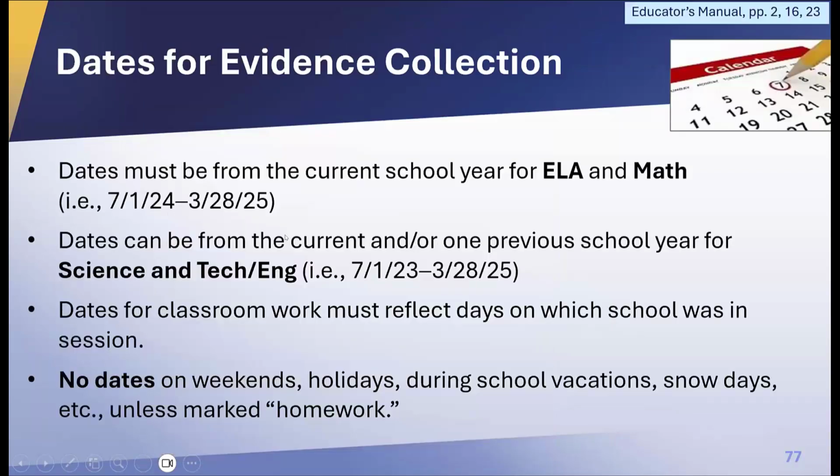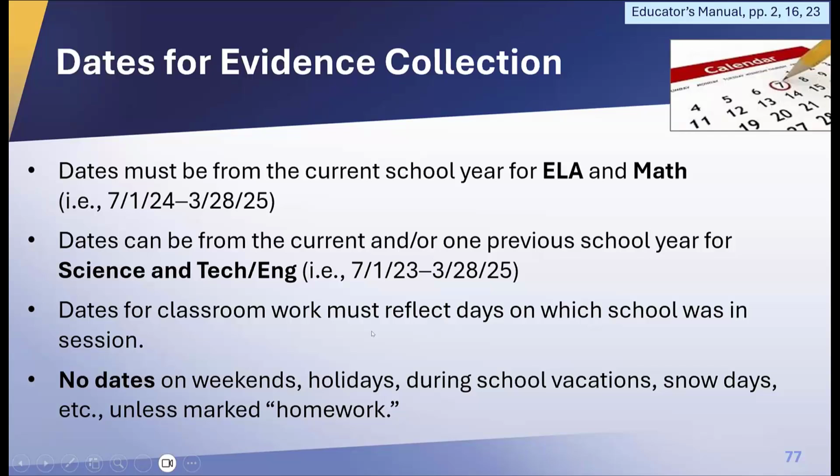So the dates for ELA and math are from July 1st, 2024 through to submission date in 3/28/25. For science, even though we're not talking about science, remember I said it's the only one that goes over 2 years, but that doesn't really help you if you're new. So that would go from July 1st, 2023 through 3/28/25.